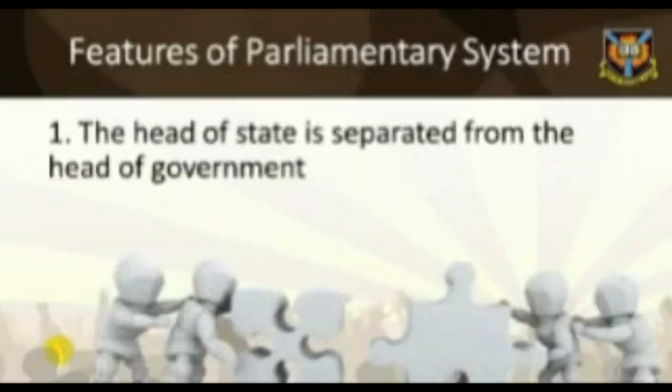Features of parliamentary system. 1. The head of state is separated from the head of government. The president or monarch is the head of state with nominal roles and ceremonial functions, while the prime minister is the head of government who heads the cabinet that runs the government. 2.